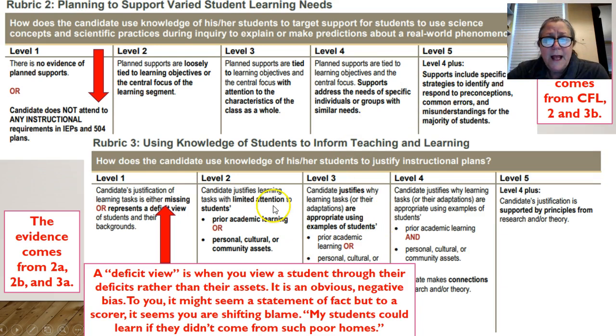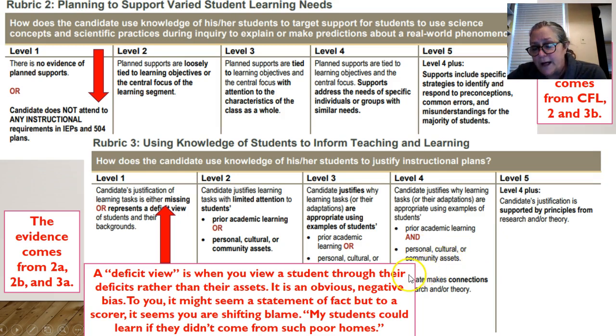Down here, you want to justify learning based on their prior academic learning, their personal, cultural, and community assets. There it is. Now, the difference between a 3 and a 4 is that here, in order to get a 4, you have to justify why the learning tasks are appropriate using examples of your students' prior academic learning and personal, cultural, or community assets.